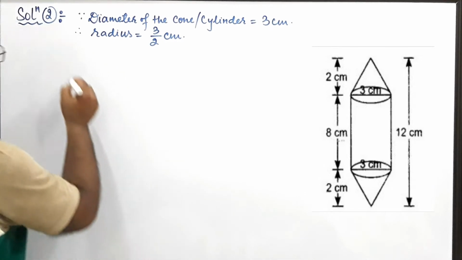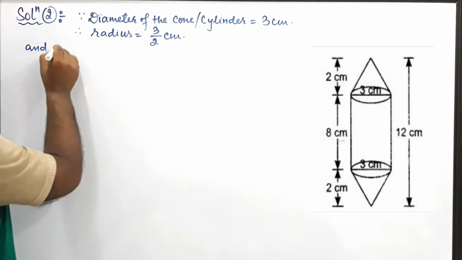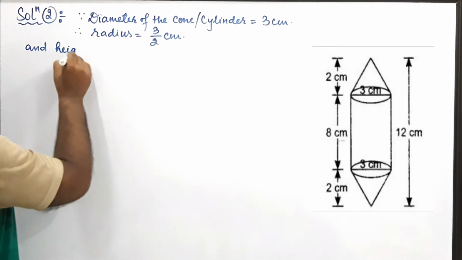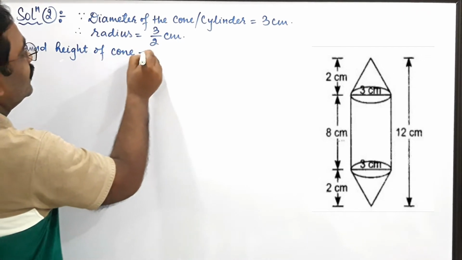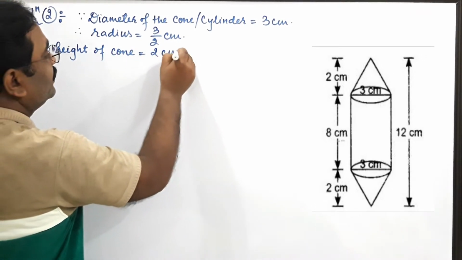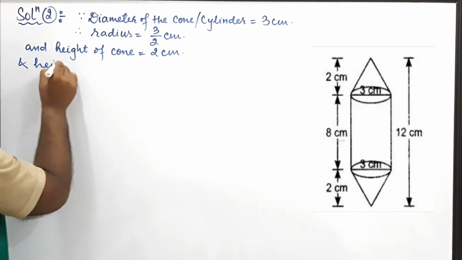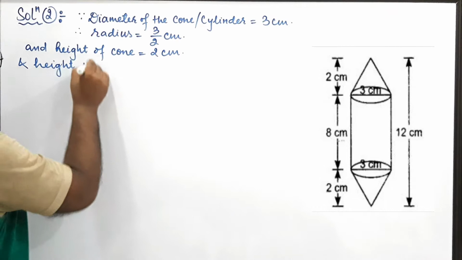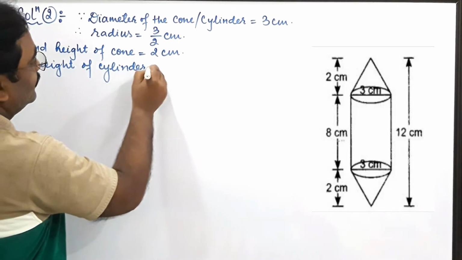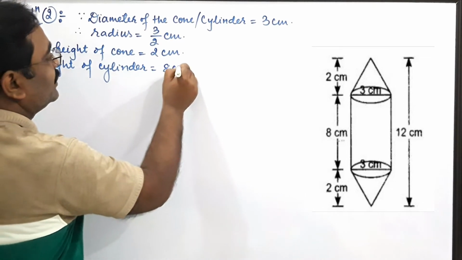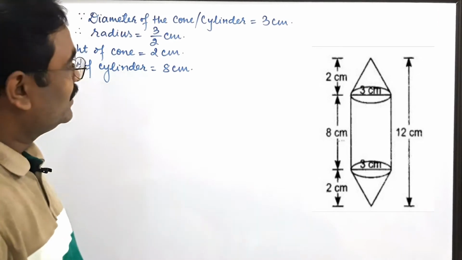Height of the cone is equal to 2 centimeter and the height of the cylindrical part is equal to 8 centimeter, as it is clearly visible in the figure, right?